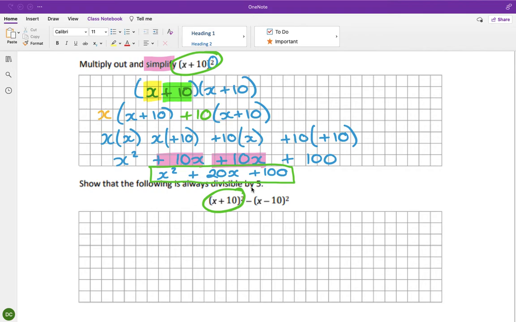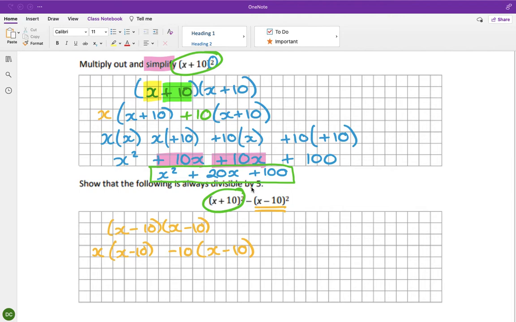Now, let's do this bit though. So again, there's a square, so we'll have to go x minus 10, x minus 10. Split the first, repeat the second, so the x and the minus 10 get split up, and then repeat the second bracket, x minus 10, x minus 10.